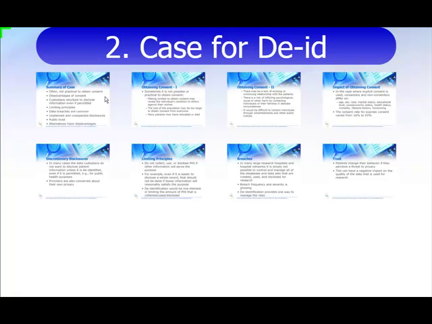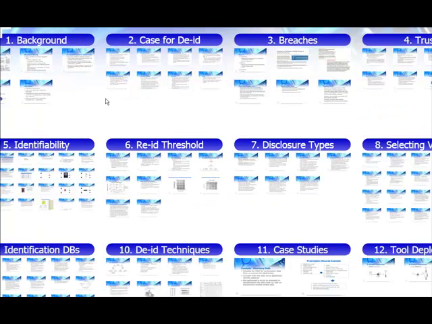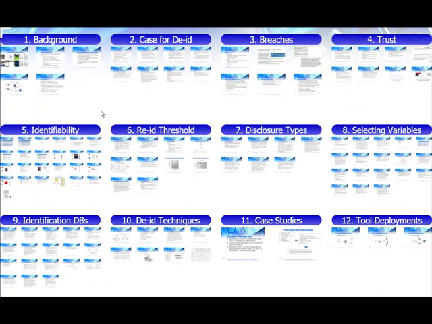And then, after making the case for de-identification, if you go back to the overall schedule here, I'll talk a little bit more about identifiability, how do you actually measure identifiability, and some practical issues around implementation, like, for example, defining thresholds.